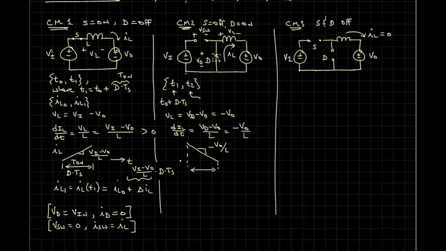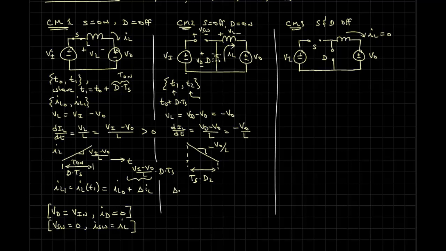Okay, now if this is 0 here, then actually let's define this as TS times D2, duty cycle 2.